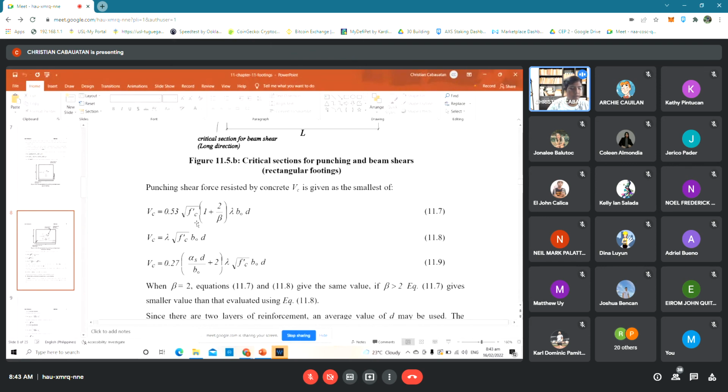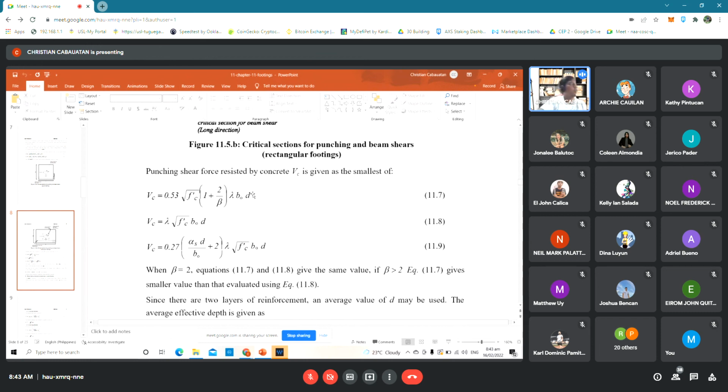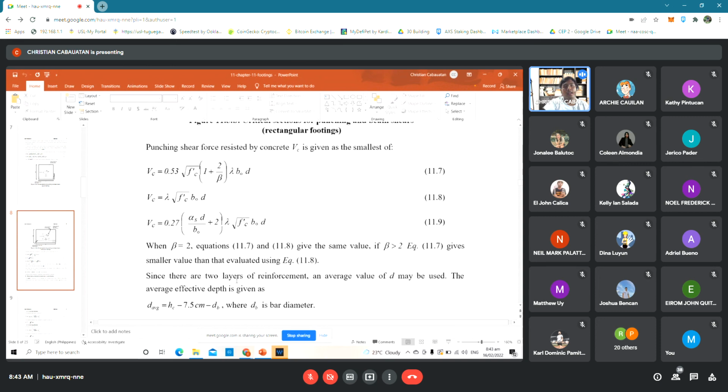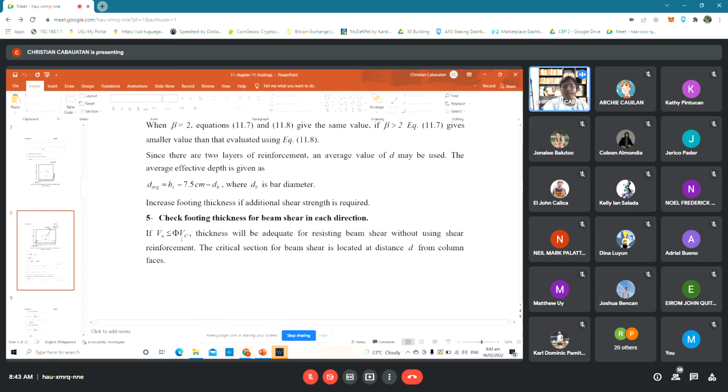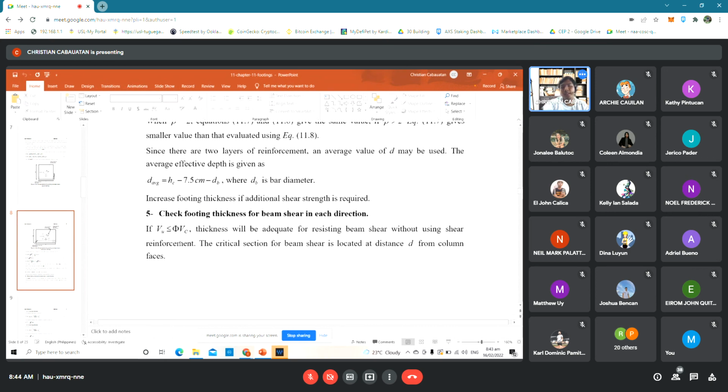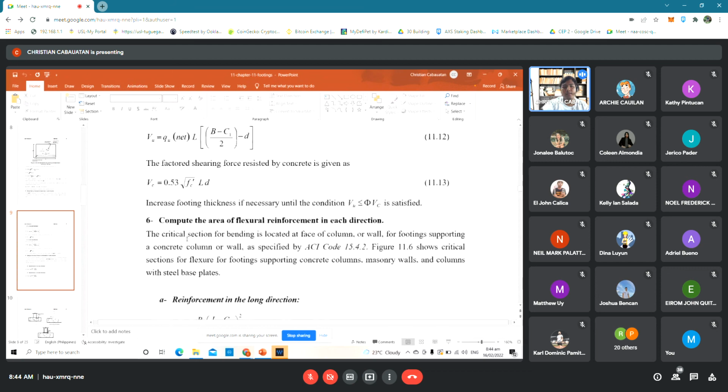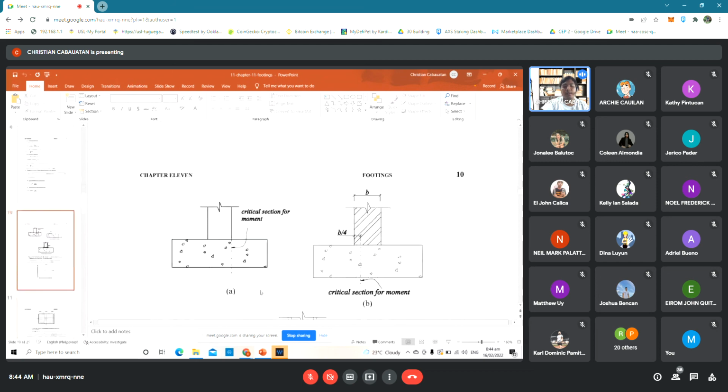I think it is in the last part of RC, the considerations for columns, slabs, and more. The last step is to check the footing thickness for beam shear in each direction. There are many considerations there, so we will not ponder on these things now.